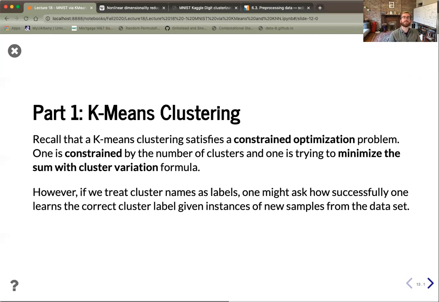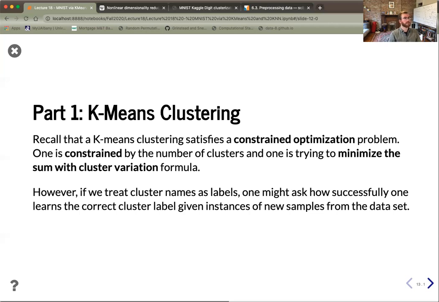But we found out that that problem is not well posed, or at least has a trivial solution by partitioning every point into its own cluster. And so the K in K-means says, let's constrain our optimization problem to the setting where we only have K different clusters. And if we assume the number of points is larger than K, then we have an interesting problem.